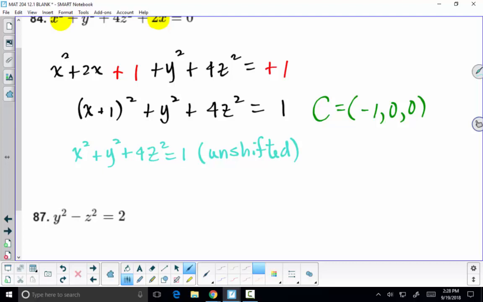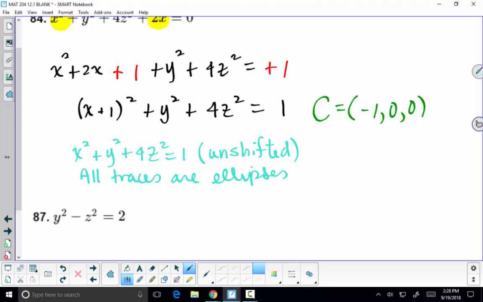That's where I would look for traces. I would look for traces with the unshifted one. It's just simpler. So if we eliminate the x, ellipse, eliminate the y, ellipse, eliminate the z, ellipse. So all traces are ellipses.